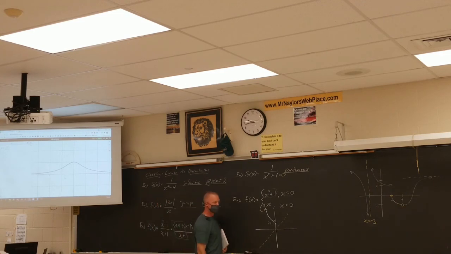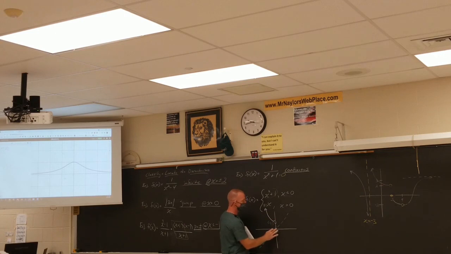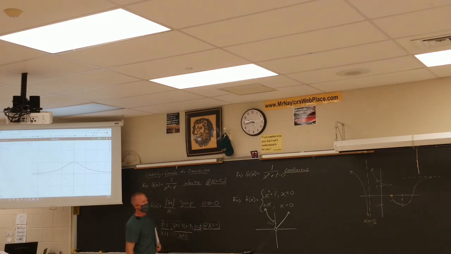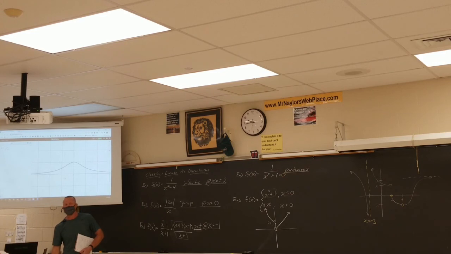Carefully graph the part greater than 0. Greater than 0 is the part that goes to the right of 0. Listen, really the answer for this problem is a careful graph.